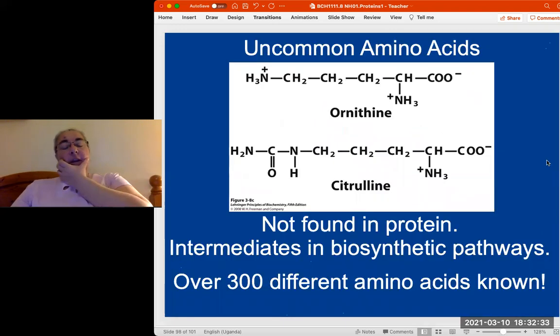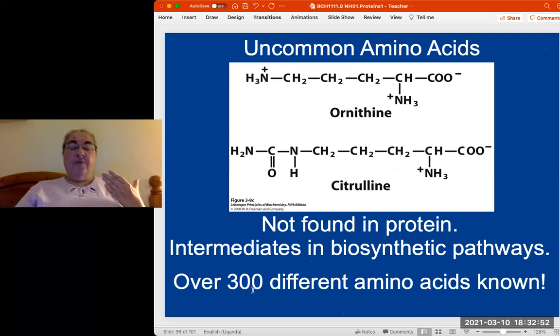Other uncommon amino acids are found as intermediates in biosynthetic pathways. So here are 2 examples, ornithine and citrulline. You might come across these as you look at some of the biochemical pathways.